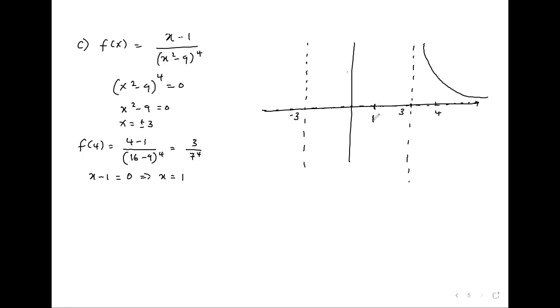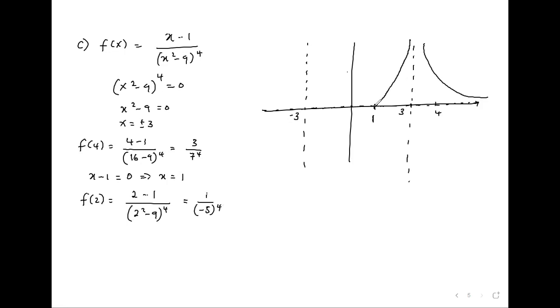So this graph is going to cut at 1. Okay. Then we check what is happening at, let's say, 2. At 2, we have 2 minus 1 over 2 squared minus 9 to the power 4. That is 1 over 4 minus 9, that's minus 5. Minus 5 to the power 4 is positive. So the graph is coming from up in this region.